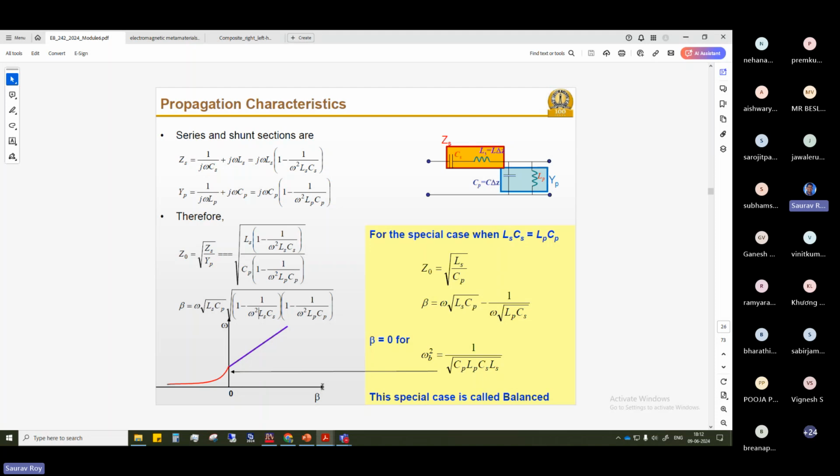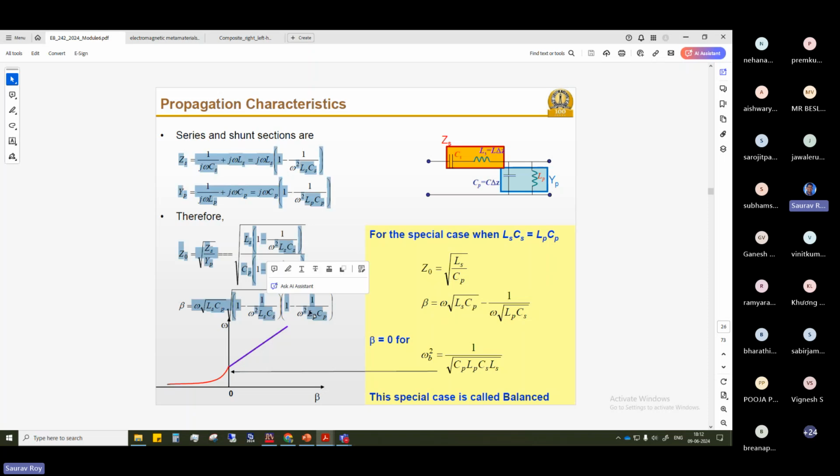Now, in some special cases, when LSCS equals LPCP, what is LSCS? In the series arm, S stands for the series inductor and capacitor, and P stands for the shunt arm. Then if you replace this, Z naught becomes like this, root of LS by CP, and beta becomes like this.